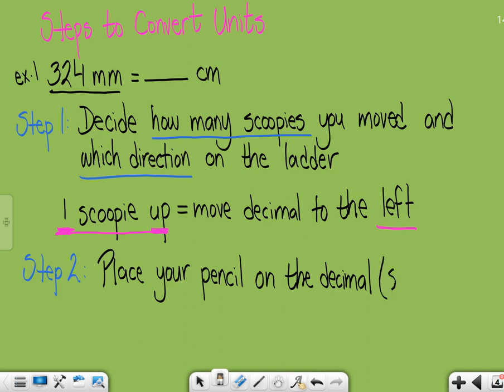And I'll say bracket, the starting point. Oops, T looks wonky. Starting point of your number.